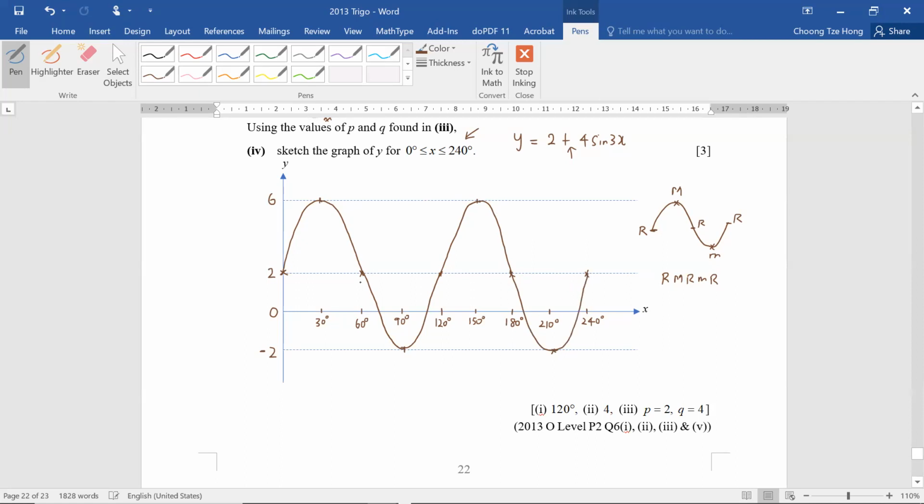So now you have your graph. Indeed, from 0 to 240, you have two complete waves because the period of one wave is 120. So this is how I usually approach drawing this type of graph. You can always get a very nice graph.